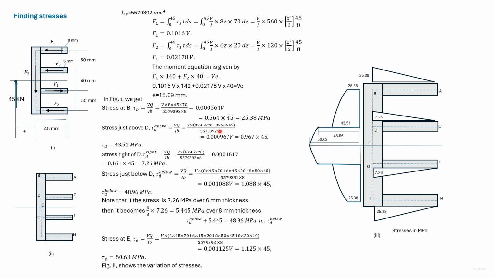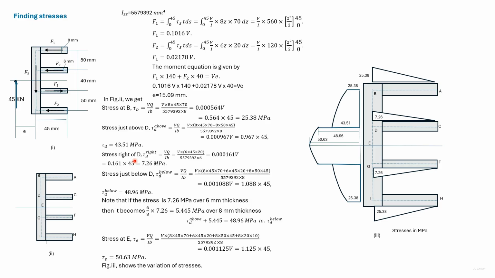So the Q of the vertical portion is 8 into 50 into the distance, which is 45. Substituting other values, we get the stress just above D.